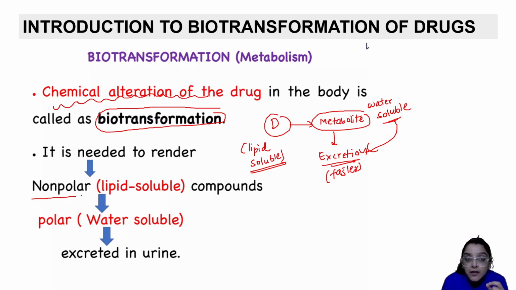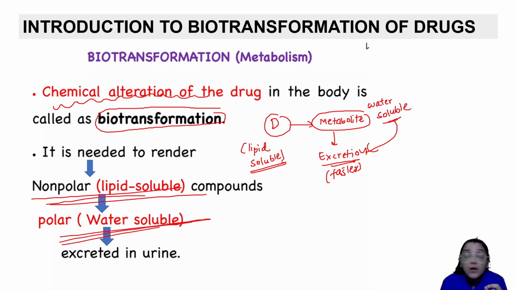It basically converts lipid soluble compounds into water soluble ones, so that they are better and faster excreted in the urine. And as mentioned, the major metabolizing site is your liver.